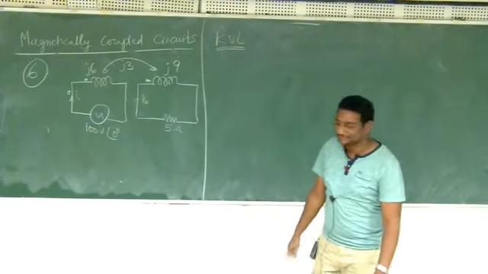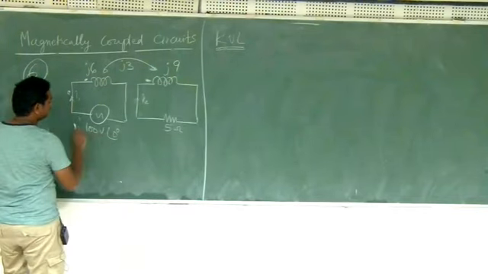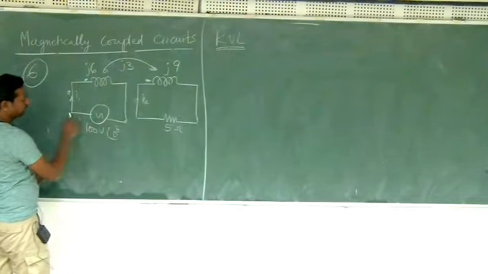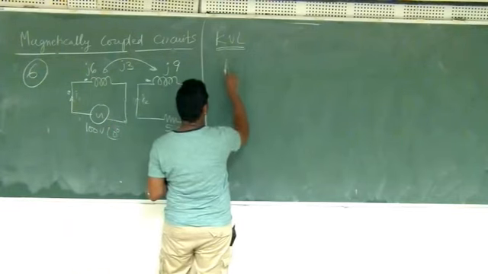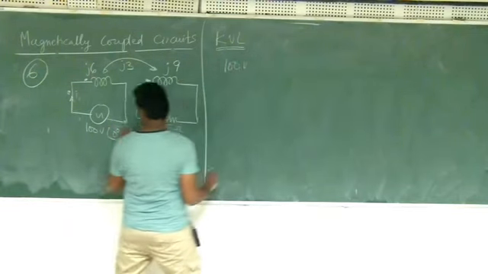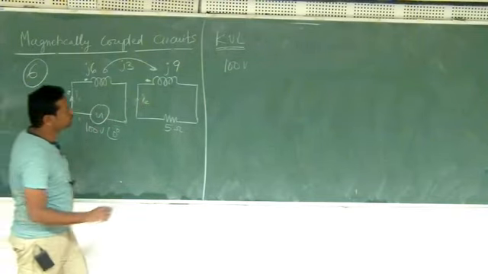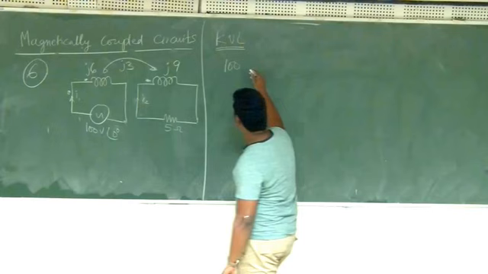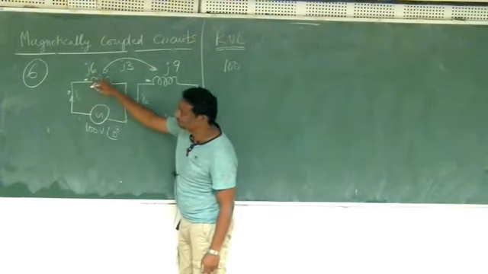Okay, so Kirchhoff's voltage law for this one. I start from here, so my voltage is increasing. 100 volts increasing is nothing but the voltage drops here. So what are the voltage drops? The voltage drop here is I1 into J6.